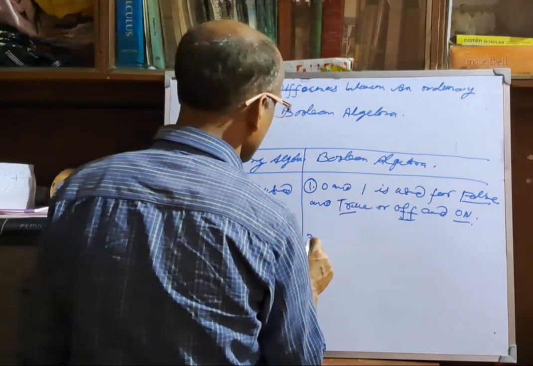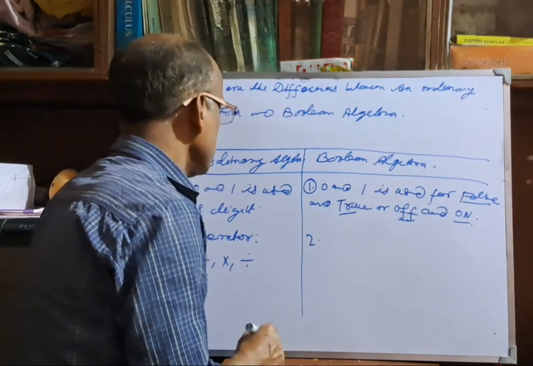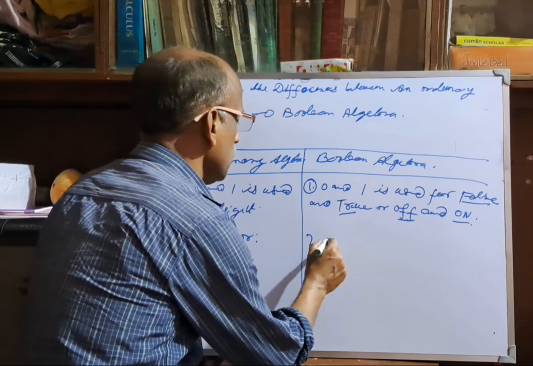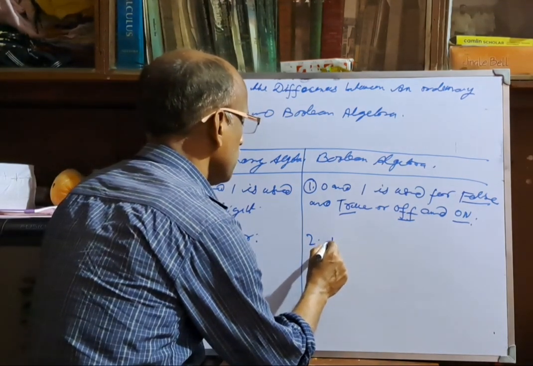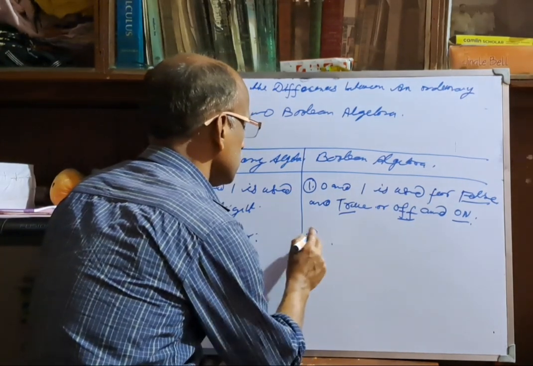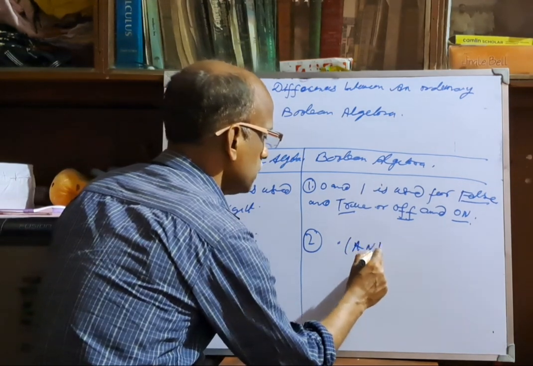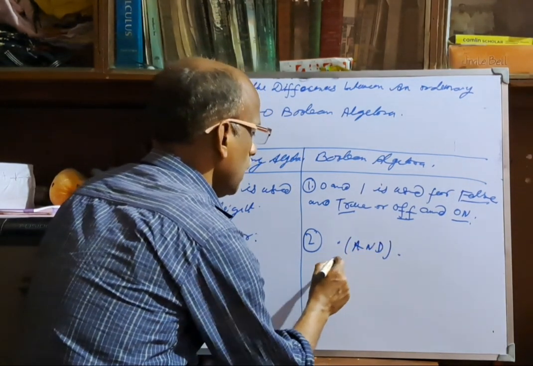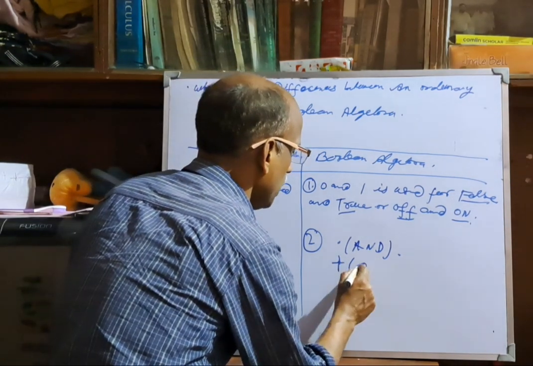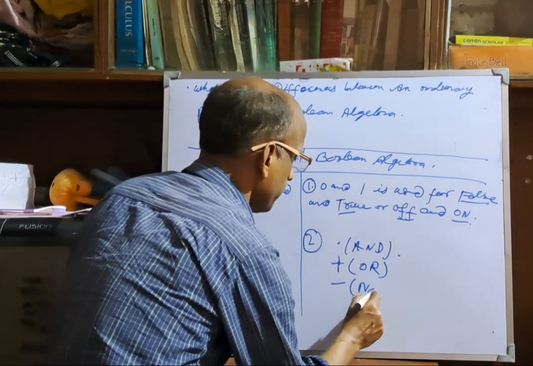But in the case of Boolean algebra, the basic operators used are AND, OR, and NOT.